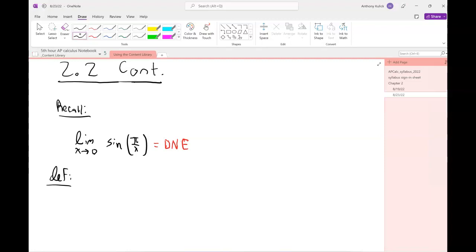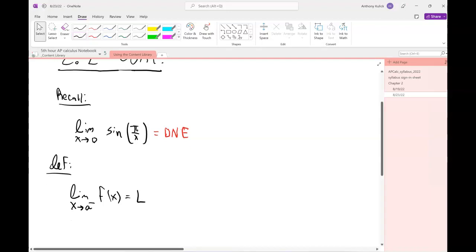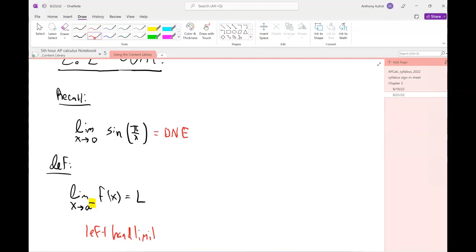So to denote that, we're going to call this the left-hand limit. That value L would be the value the graph is approaching from the left as x approaches a.